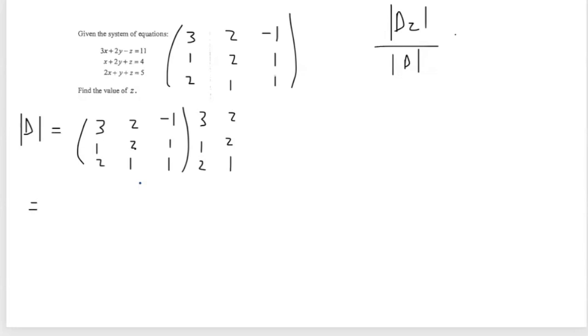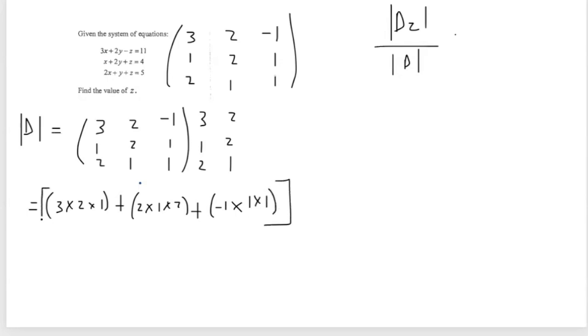So I'm going to multiply 3 times 2 times 1, plus 2 times 1 times 2, plus negative 1 times 1 times 1. Then we are going to look at the other diagonals. I have minus. Then multiply 2 times 2 times negative 1.